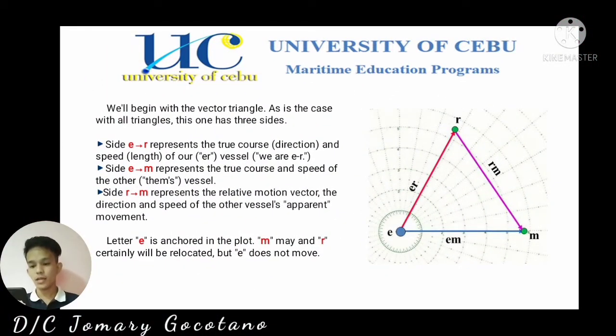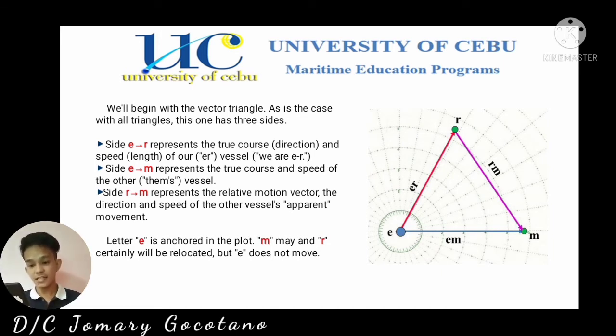We'll begin with a vector triangle, as is the case with all triangles. This one has 3 sides. Number 1, side ER represents the true course, direction, and speed of our own vessel. As you can see in the illustration, the red line in the middle is ER, which is the direction.